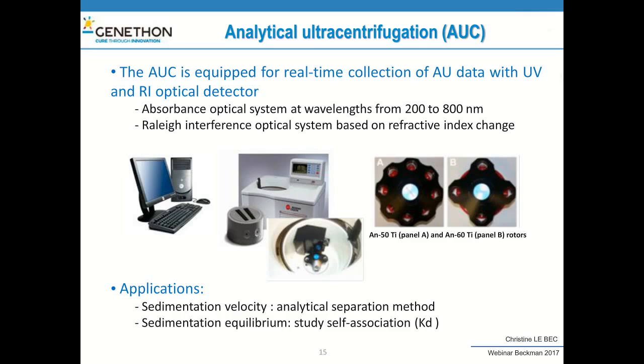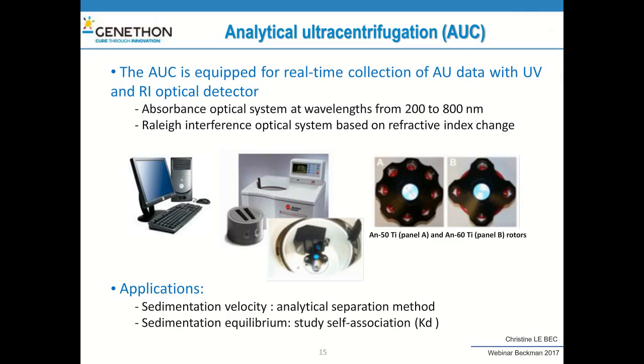You can follow it by absorbance at wavelengths from 200 to 800 nanometers, or by Rayleigh interference. You can have a rotor of 8 samples or 4 samples, so you can run 4 or 8 samples independently depending on the rotor.